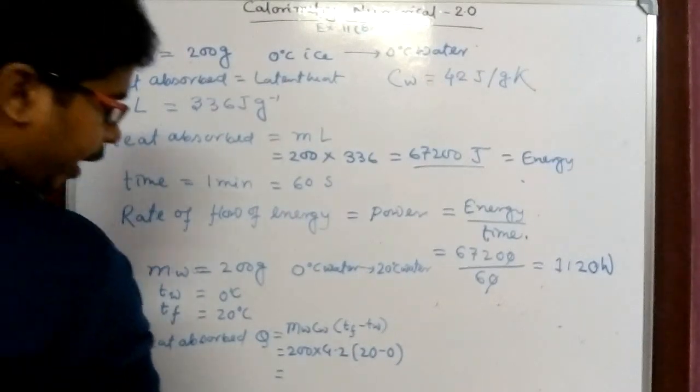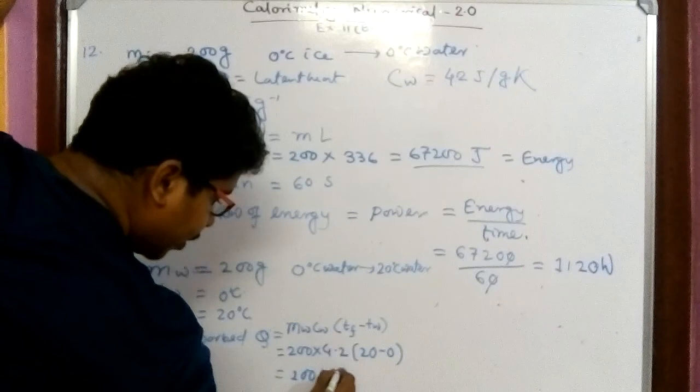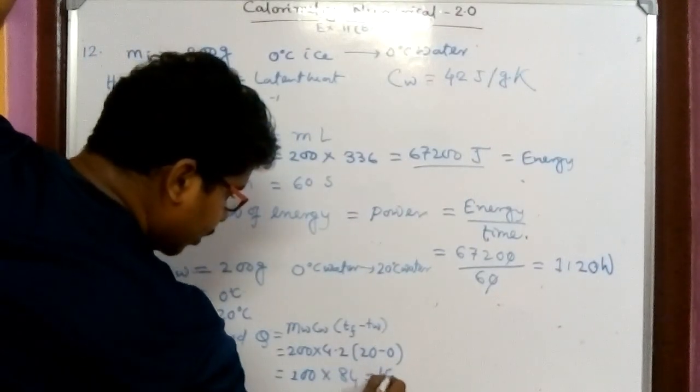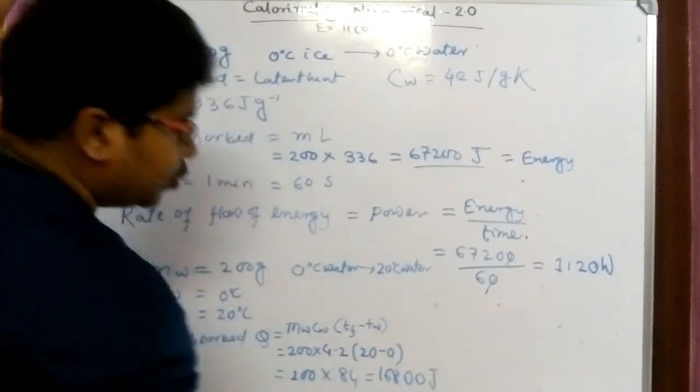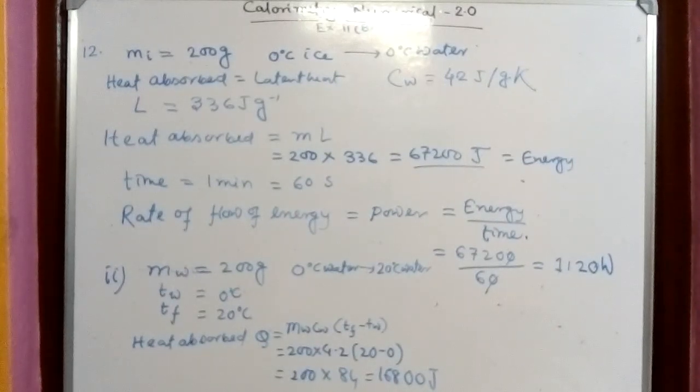So here 84. So 200 into 84, and it is 16800 joule. That much amount of joule heat energy is absorbed.